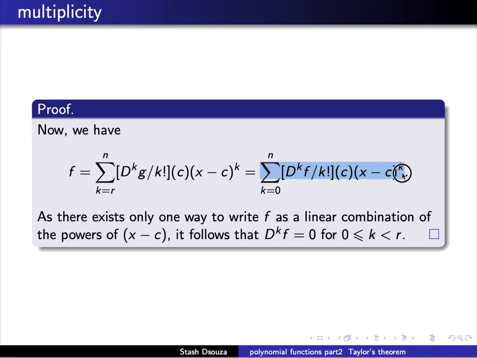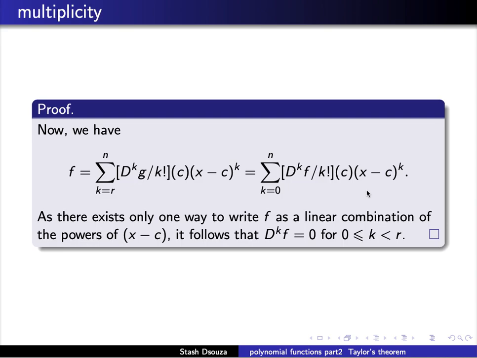This is by using Taylor's theorem on f, and the left-hand sum is by using Taylor's theorem on g. As there exists only one way to write f as a linear combination of the powers of x minus c, given that they are independent of one another, it follows that the kth derivative of f vanishes for all k strictly less than r, since these two summands need to match.